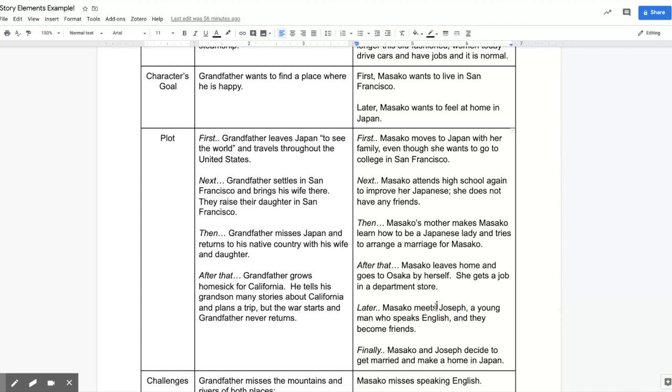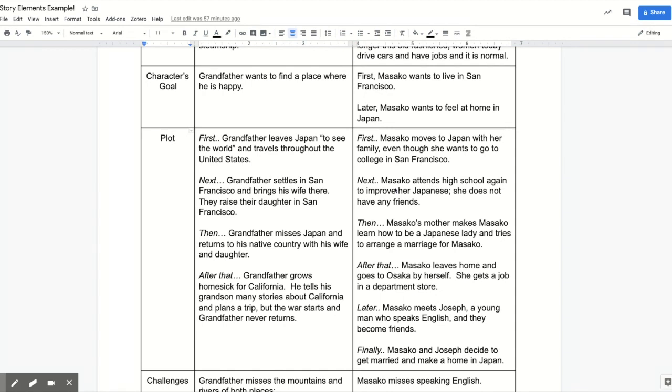All right, so I also want to point out that Joseph is an important character in Tea with Milk, and a lot of you didn't include him in your plot. Okay, but we need to make sure that the events that we pick in the plot reflect the beginning to the end of the text, and we're picking out important events, right?